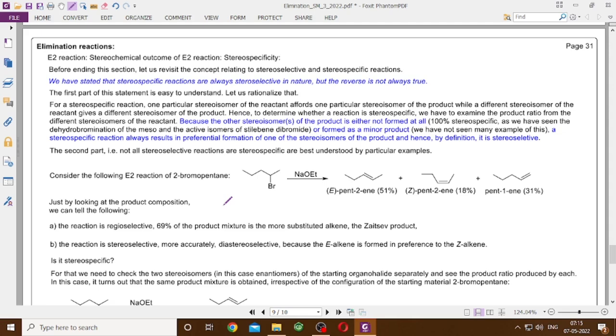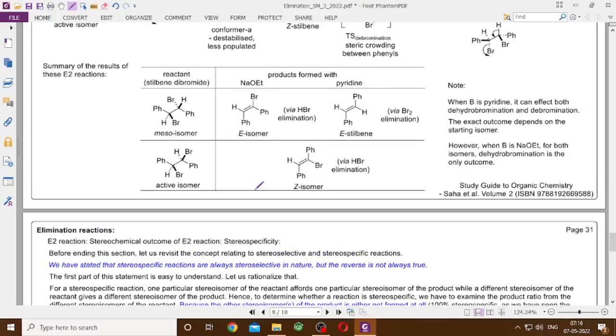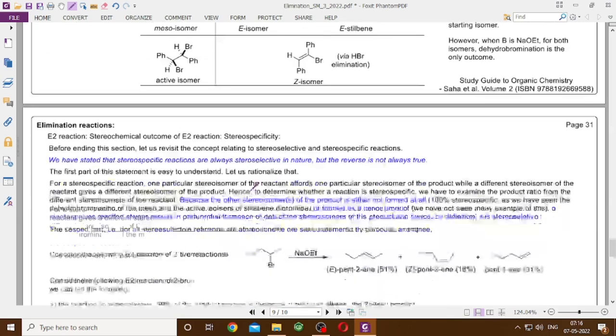But if you think in terms of the compounds, then there are examples where the stereospecificity definition kind of breaks down, because stereospecificity tells you that the reaction has to be such that one stereoisomeric starting material gives one stereoisomer of the product. যেমন আমরা ওখানে দেখছিলাম যে আমাদের মেসো আইসোমার থেকে E-alkene তৈরি হচ্ছে, and the other stereoisomer of that reactant, that is the active isomer, giving rise to the other stereoisomer of the product, that is Z isomer.